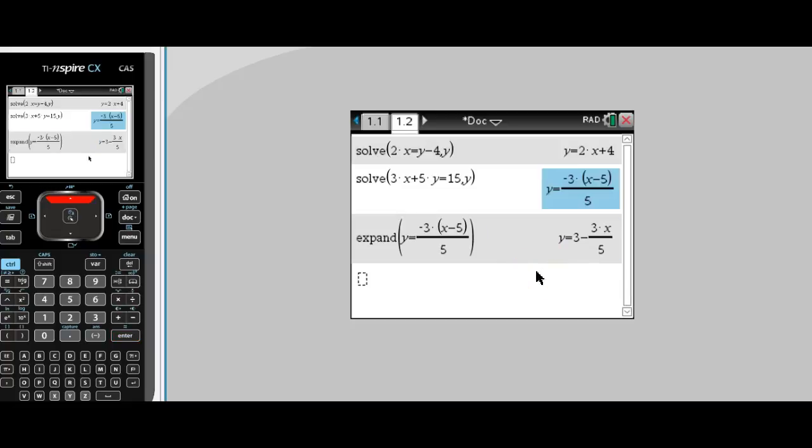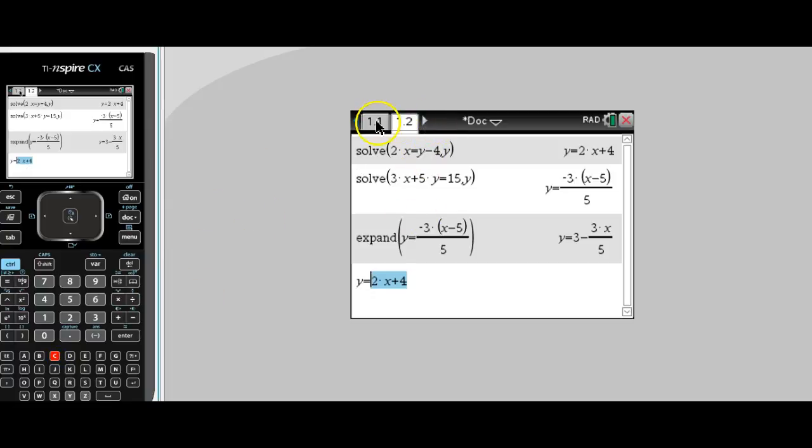Now if we go up to our first graph, this is the good thing about the CAS calculator, because you can highlight it and see you've got the shift key over here. The shift will help you. I'm only going to copy the 2x plus 4, so Control C for copy.